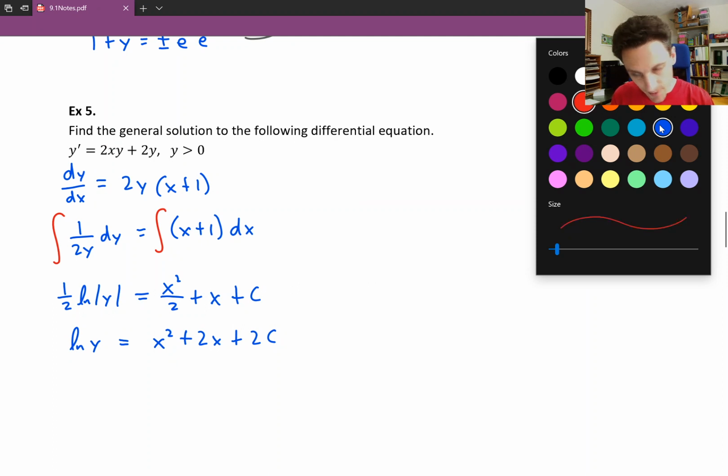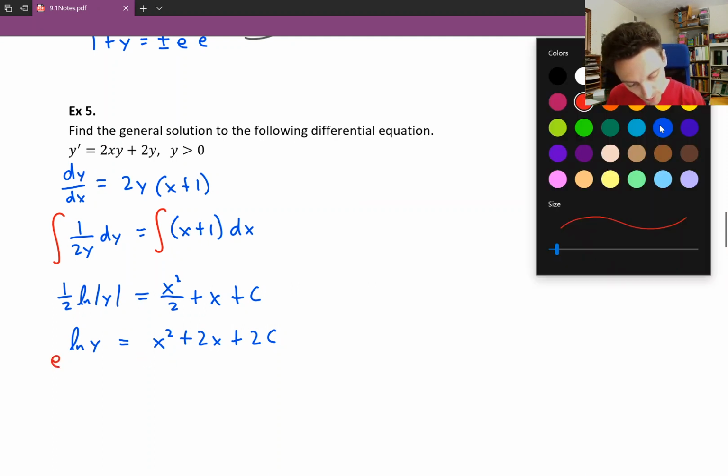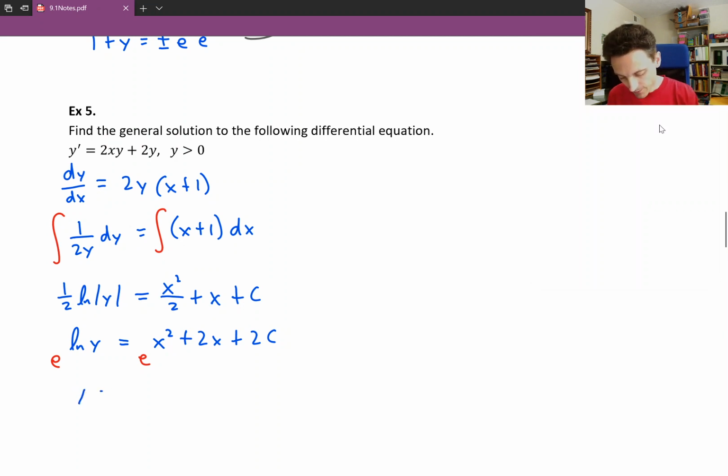Then apply the exponential to both sides to get rid of the logarithm. So we have y equals e all to the power of x squared plus 2x plus 2c. And now, just like in example 4, we're going to break the constant aside.